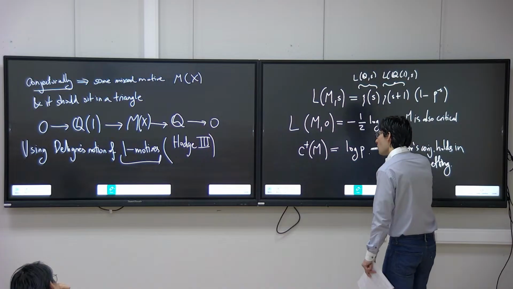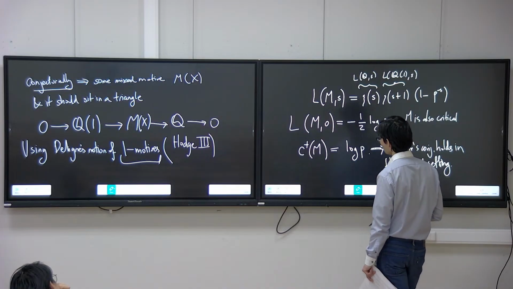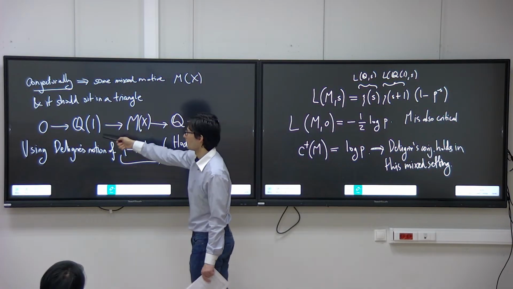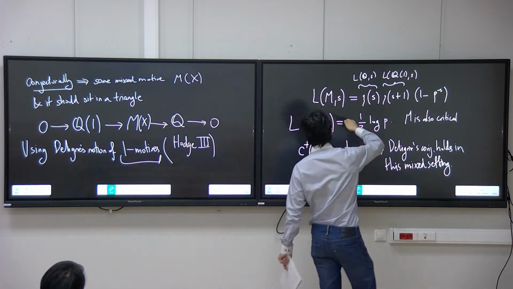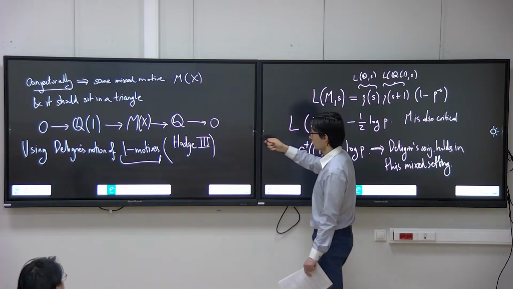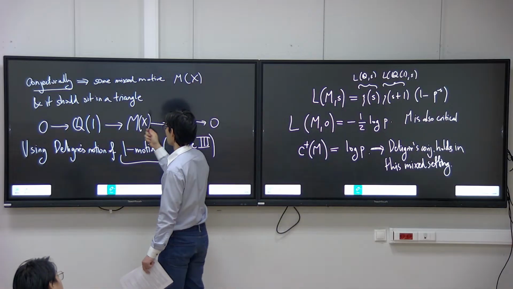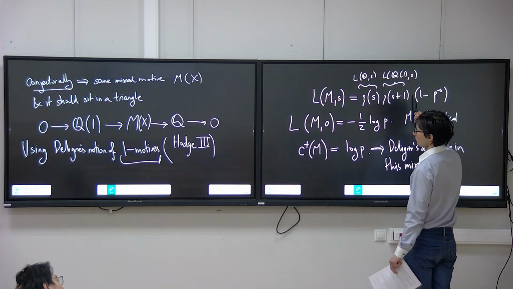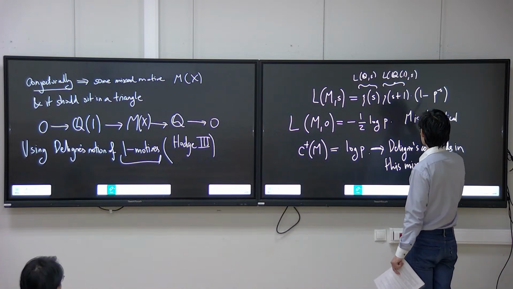However, one thing to note is that this motive is an extension of two motives, and the L function of M is not the product of the two outer terms. It's the product of them times some extra factor here.